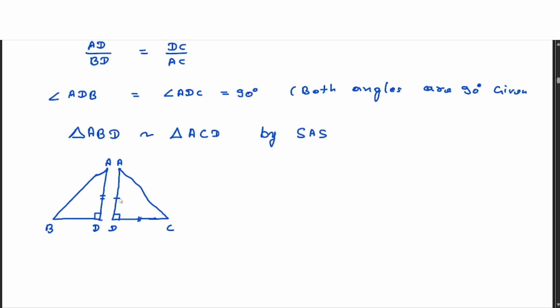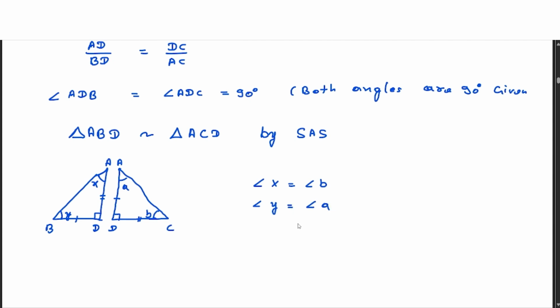Here this angle is X, this angle is Y. And same way in triangle ADC, we take this angle A, this angle B. So angle X is equal to angle B of triangle ADC. Same way, angle Y is equal to angle A.